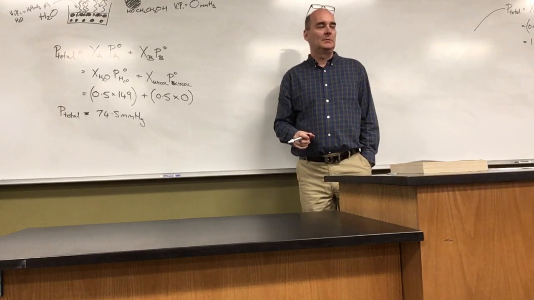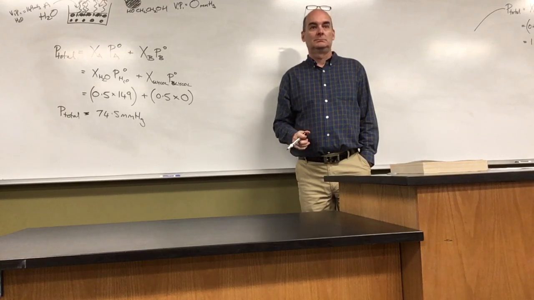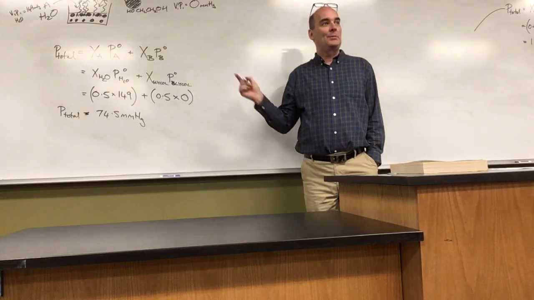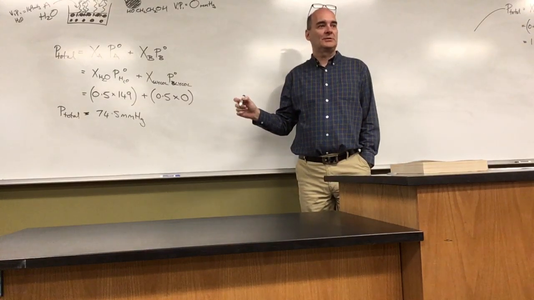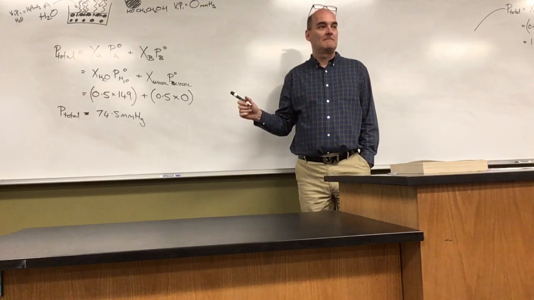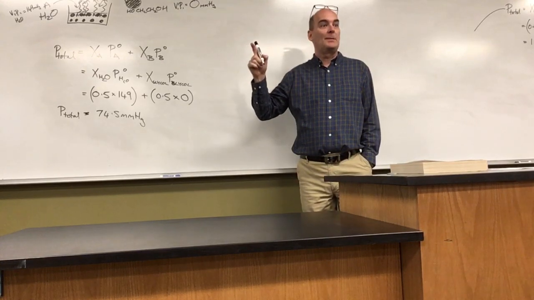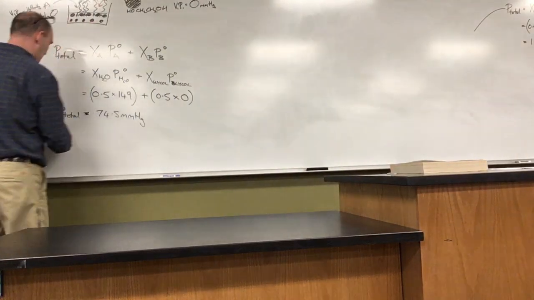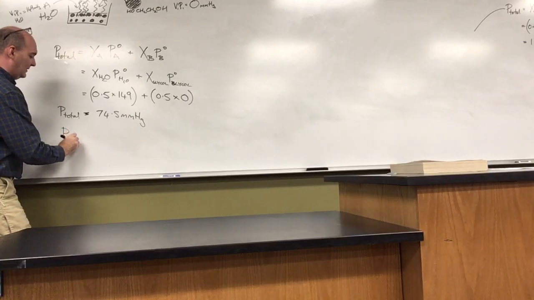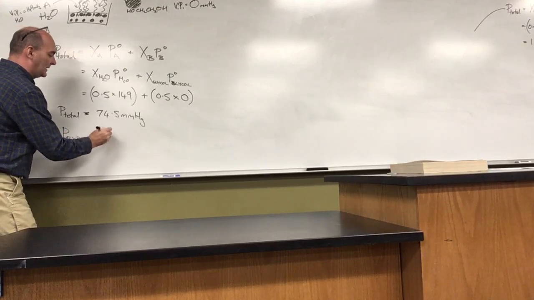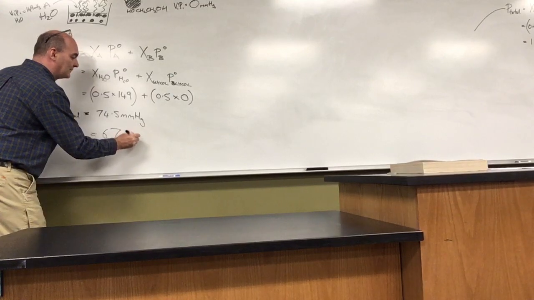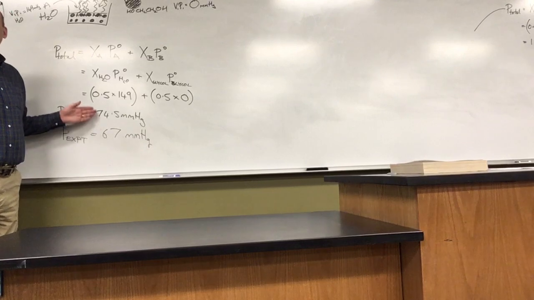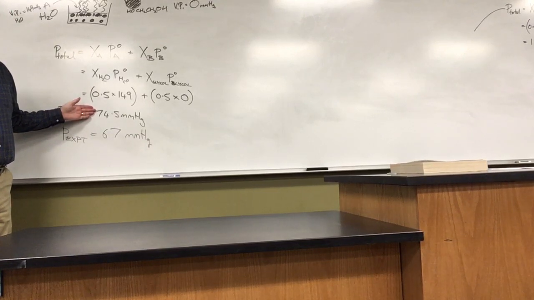Can we live with that number? It happened, it's real, it's in the question. Is that a positive or a negative deviation from Raoult's law? The experimental number is less. So if I find my experiment is 67 millimeters of mercury, my finding is that my experiment is less than the math predicts.